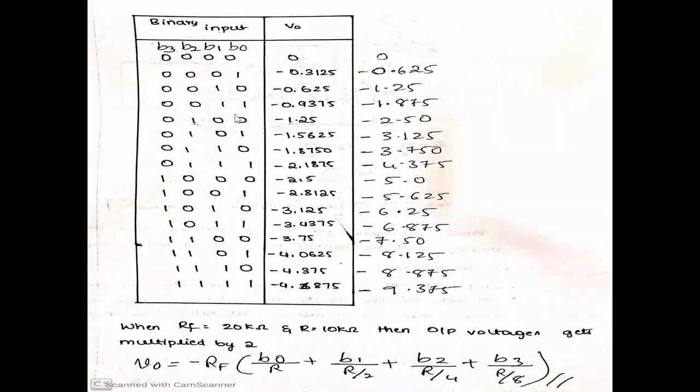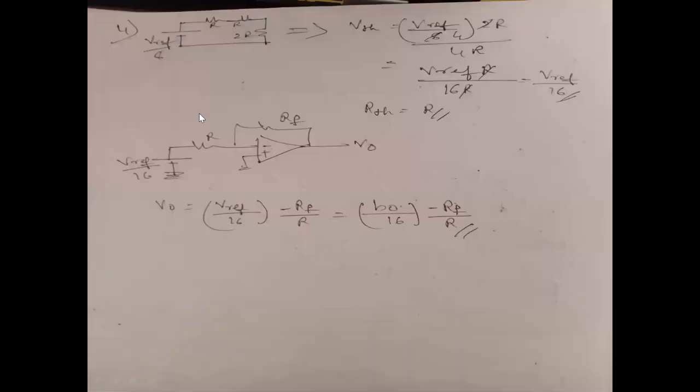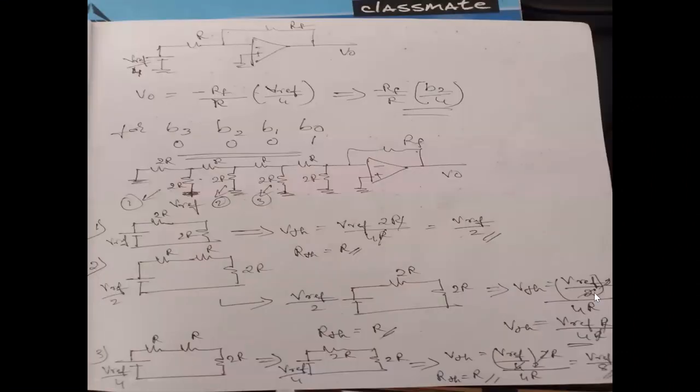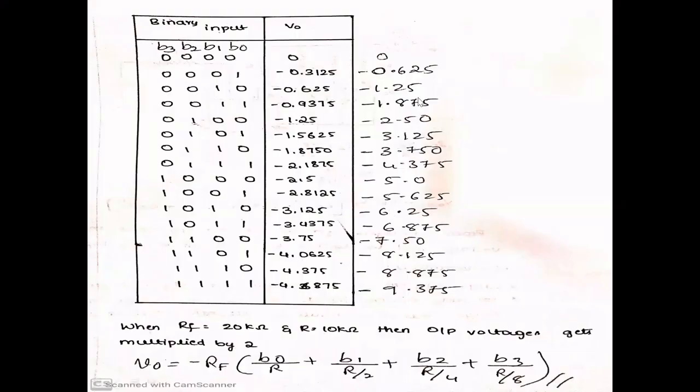Similarly, when your B2 is high, let's see what is going to happen. The output voltage would be minus 2.50. So like this, for different values of your binary input, this would be your output voltage.